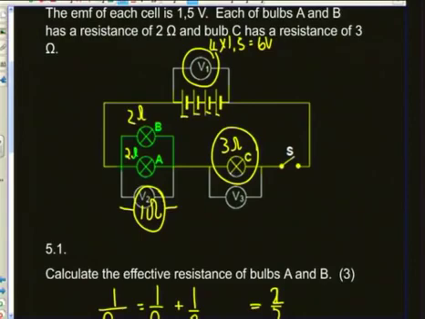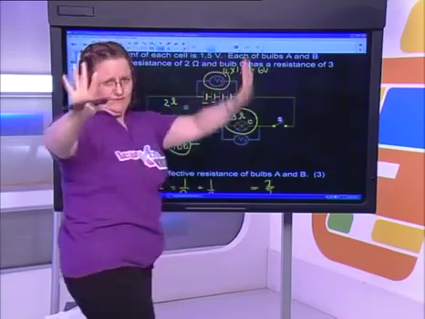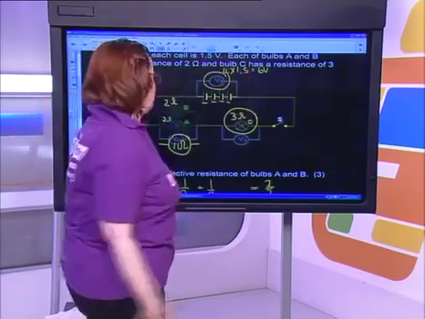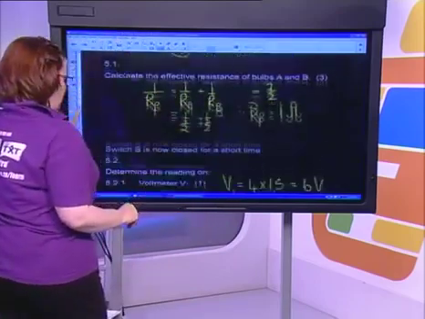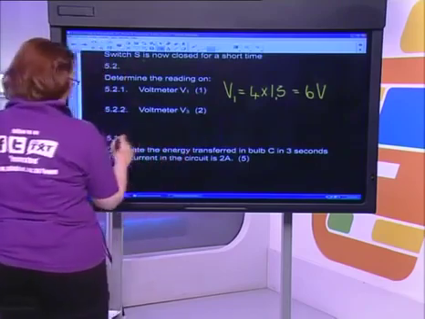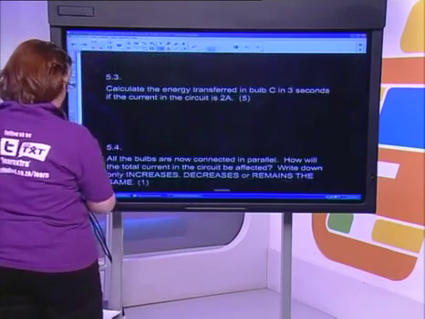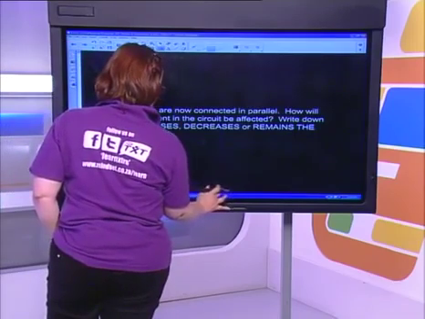You are more than welcome to use ratios. I just think it gets difficult, the way this splits up, so let's not go there. What we're going to do is work out the total resistance first of all. I think I'll do it at the bottom because I didn't leave myself enough space.